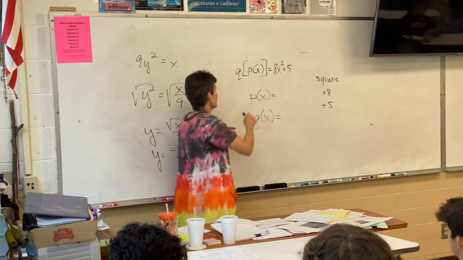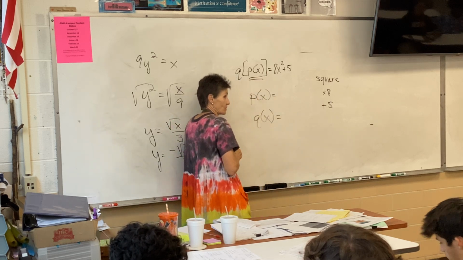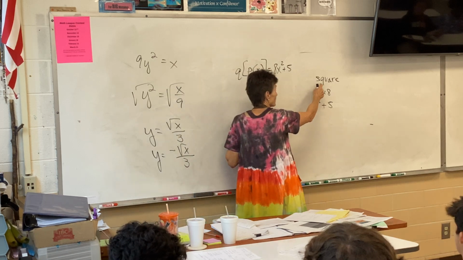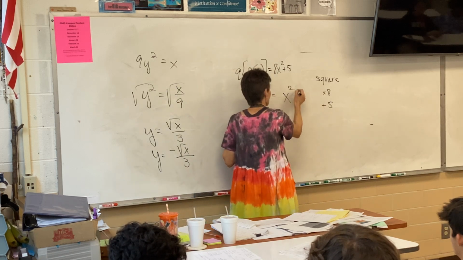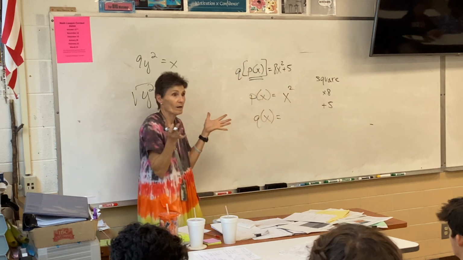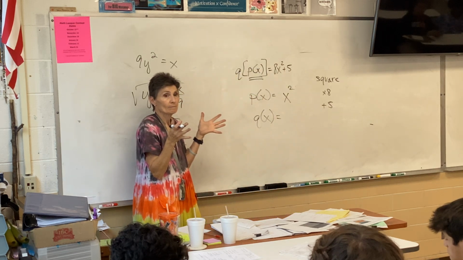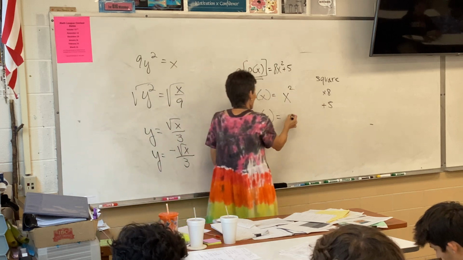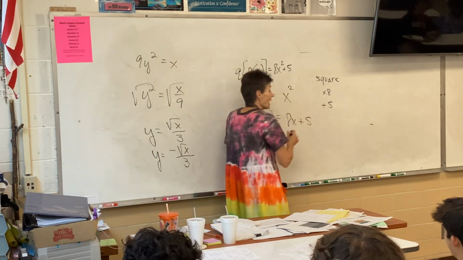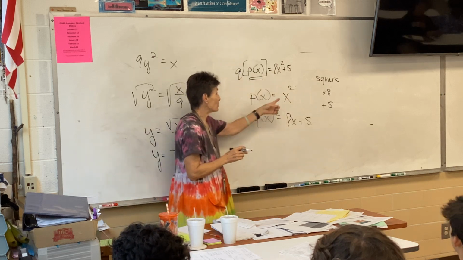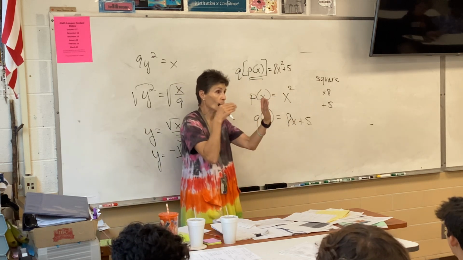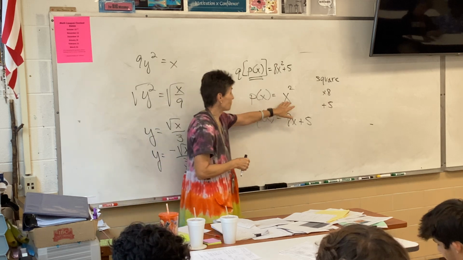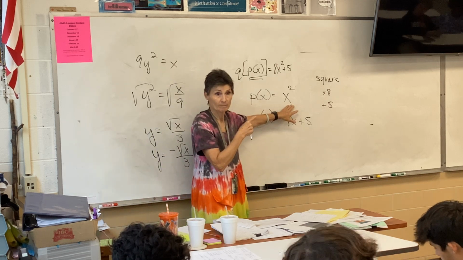So P starts it. P is first. What do I have to do first? Gotta square. So I could make P be x squared. Then Q would have to times by 8 and add 5. Now, when you write these, it's always x. You're operating on x. So this function squares.